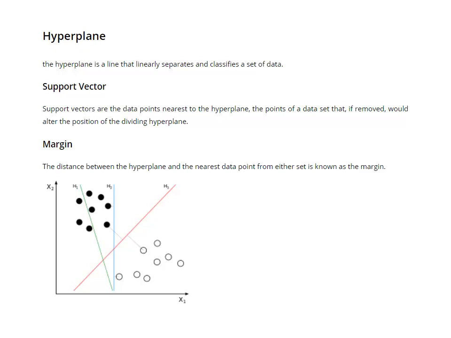The distance between the hyperplane and the nearest data point from either set is known as the margin. So from this graph, we know H1 doesn't separate the classes. H2 does, but only with a small margin. H3 separates them with the maximum margin.